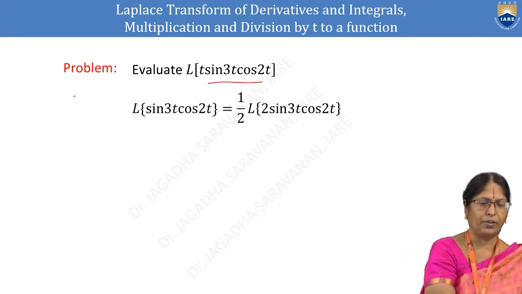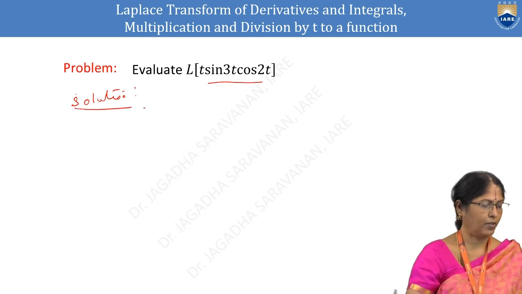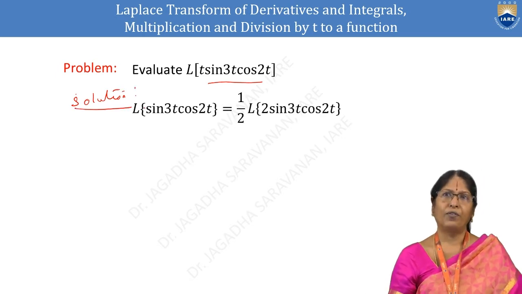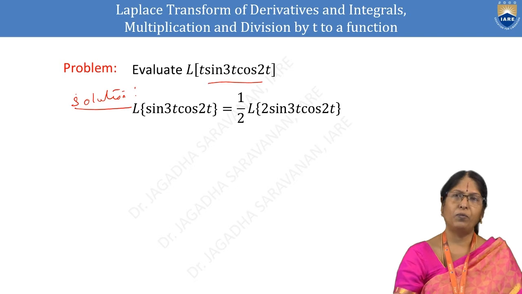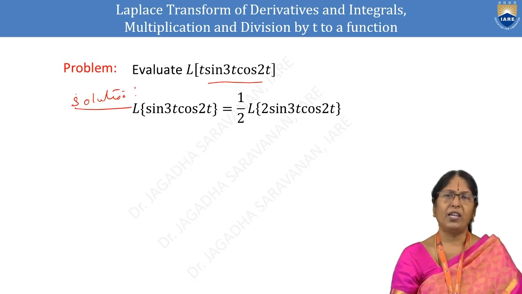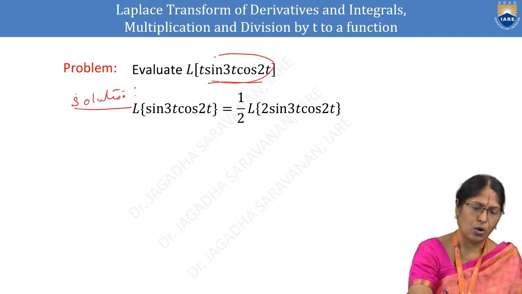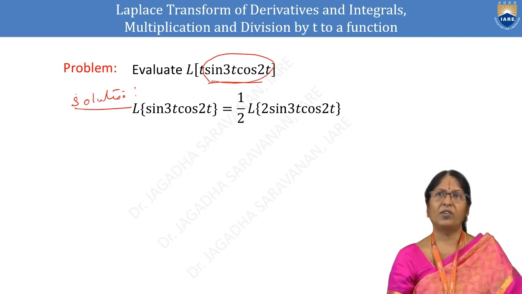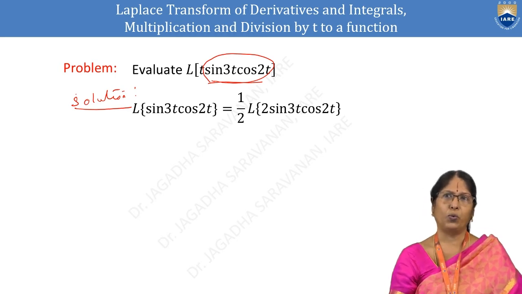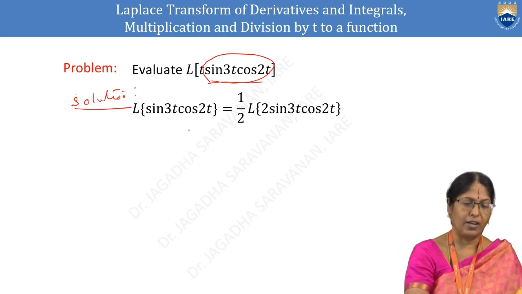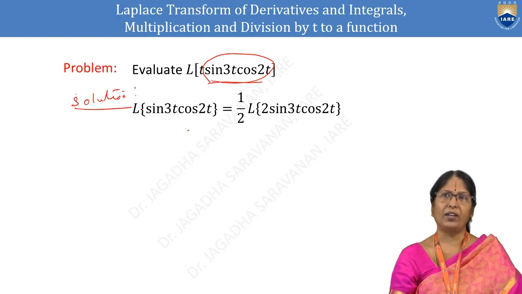So, solution. First, the expression given is t into sine 3t into cos 2t. First, we are going to concentrate only on sine 3t and cos 2t, that is L of sine 3t and cos 2t.